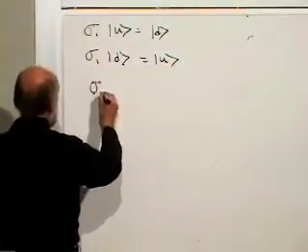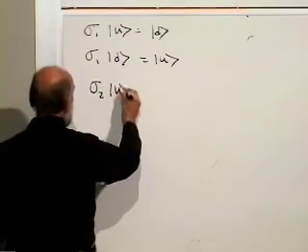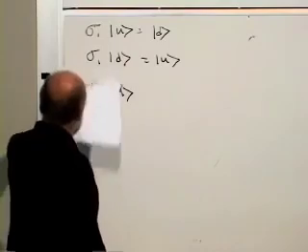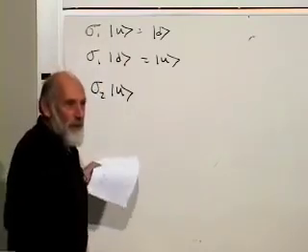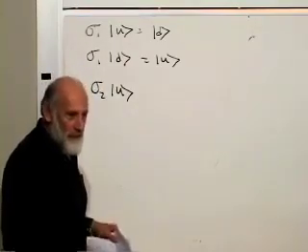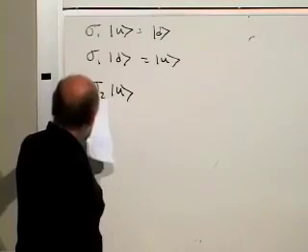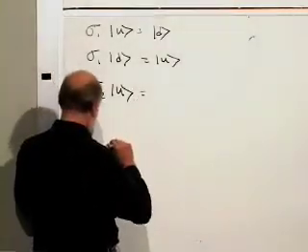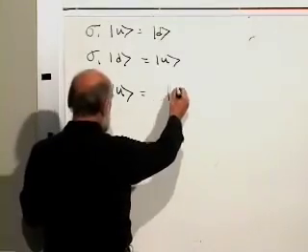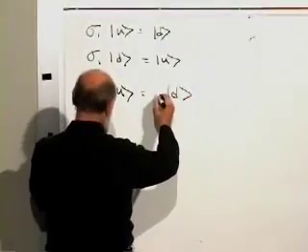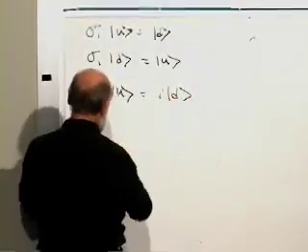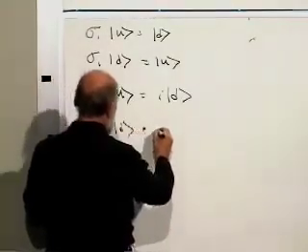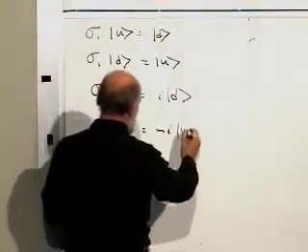Sigma 2, what does sigma 2 do on up? Well, sigma 2 and sigma 1 are very similar, except there's an i in there and a minus sign. So actually what sigma 2 on up does, anybody know? Well, it gives you down again, but it gives you down with an i in front of it. And sigma 2 on down gives you minus i times up.